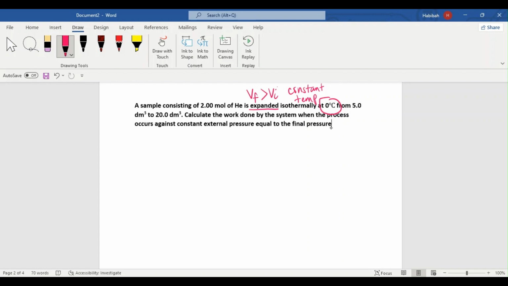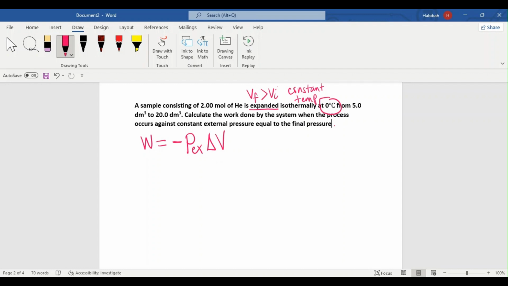Calculate the work done by the system when the process occurs against constant external pressure equal to the final pressure. The first thing to remember is that the formula for work with a constant external pressure is negative external pressure times the change in volume.